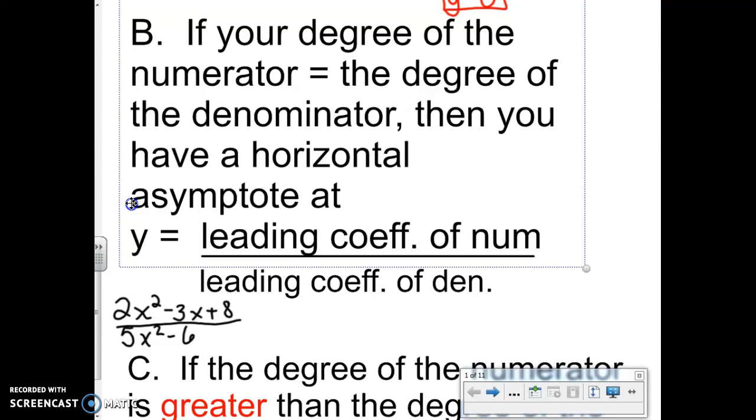So my degrees, if I look at it, this is degree 2, and this is also degree 2. So I just take the 2 leading coefficients out, and my asymptote will be at y equals 2/5. So this is going to be where that horizontal asymptote would be located on that one. Are you guys okay with that?